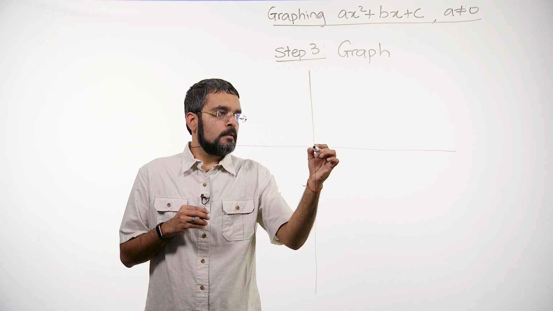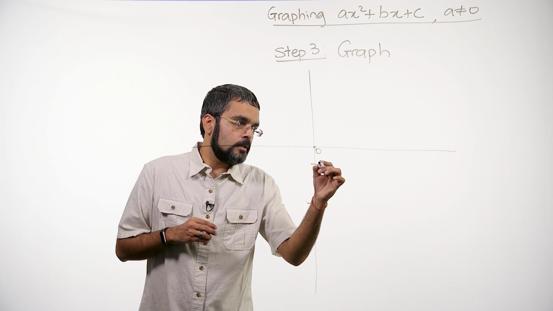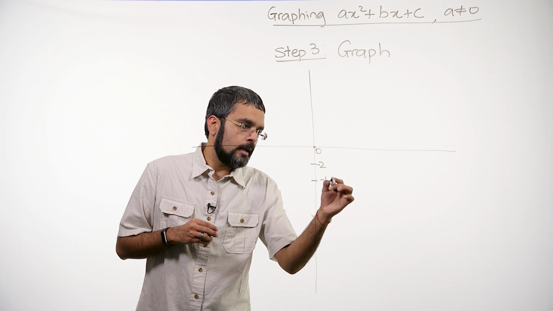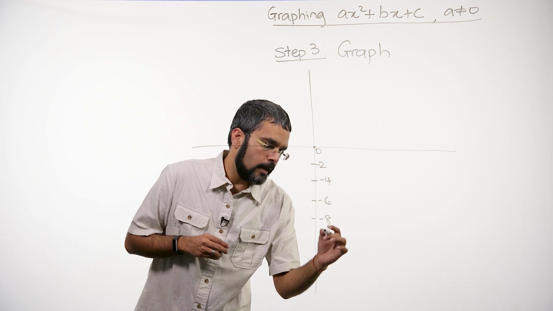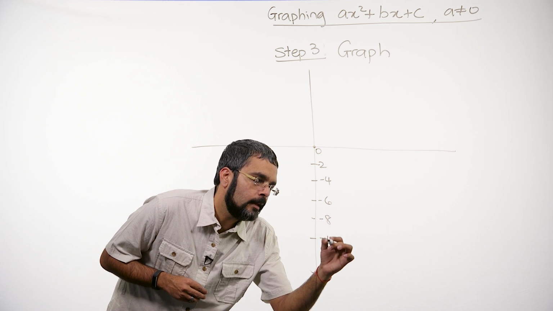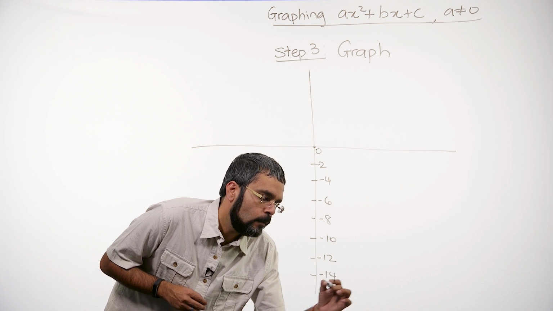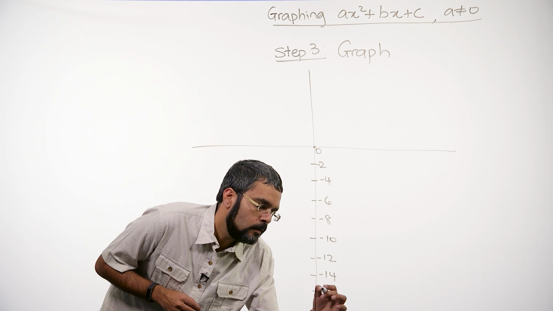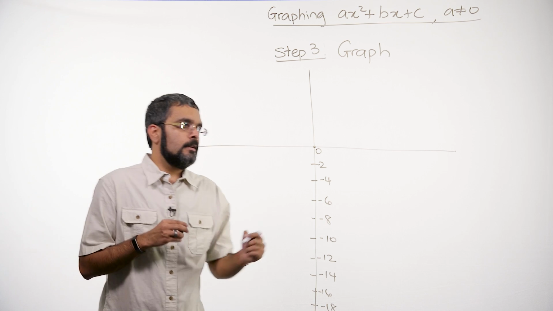Okay, so that's 0. I'm going to start with negative 2, negative 4, negative 6, negative 8, negative 10, 12, 14, 16, and negative 18.